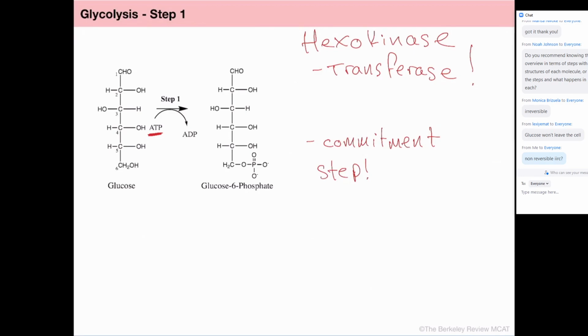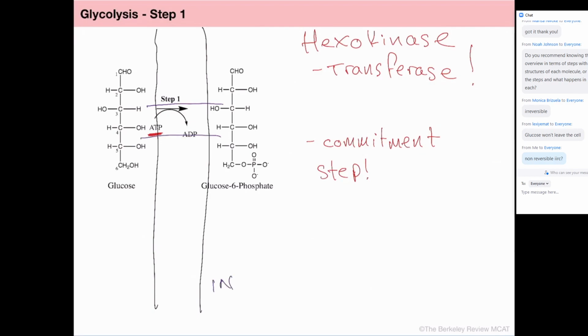All right, why else is this important? So if you remember, Tuesday, when we were talking about molecules being able to pass membranes, right? Molecules that are charged are going to have a much harder time passing a membrane than a molecule that's uncharged, right? And so it turns out, I'm going to draw a cellular membrane right here down the middle, right? Glucose can actually be transported into the cell.